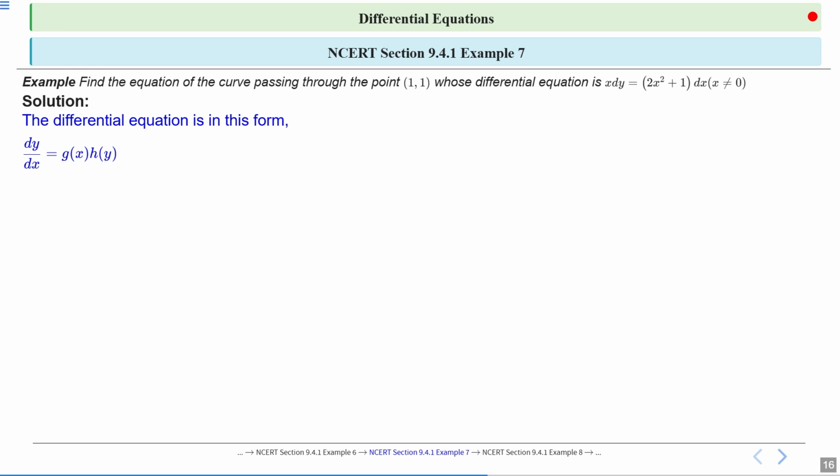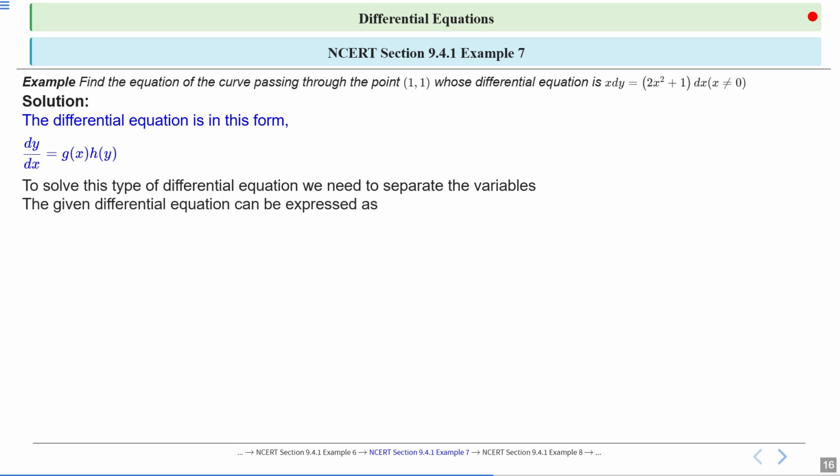So it is of the form dy by dx is equal to g(x) into h(y). To solve this type of differential equation, we need to separate the variables. So the given differential equation can be expressed as dy is equal to 2x square plus 1 by x into dx. Here the value of g(x) is 2x square plus 1 by x, and the value of h(y) is 1.